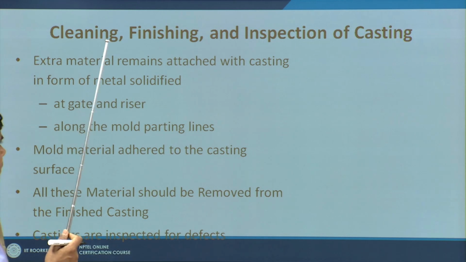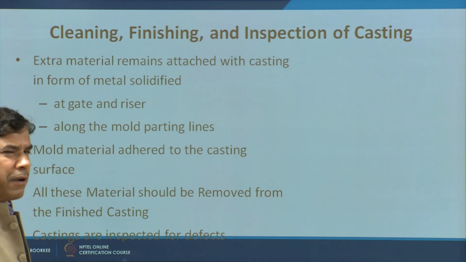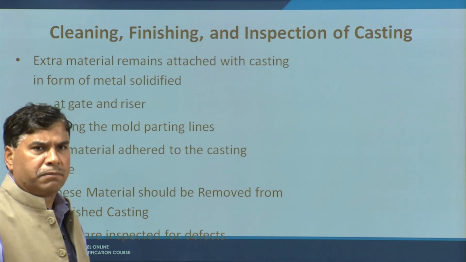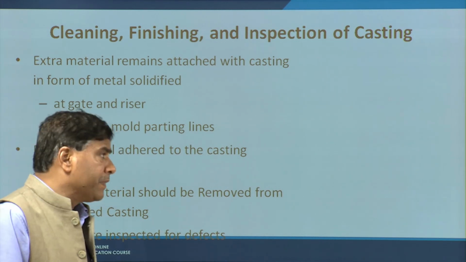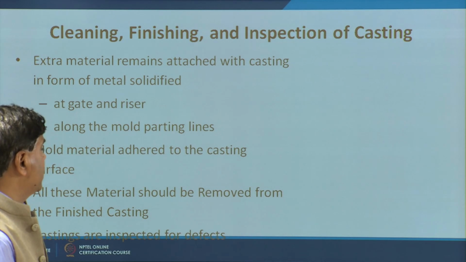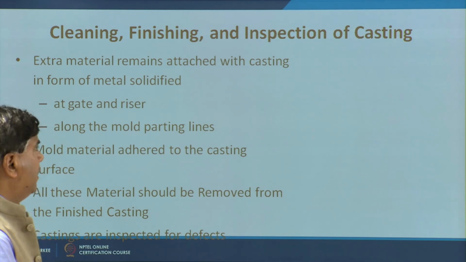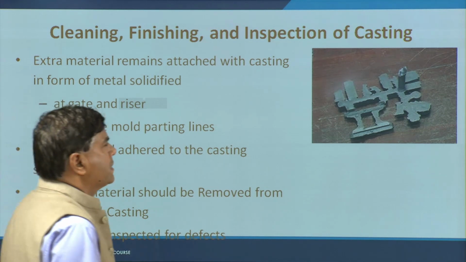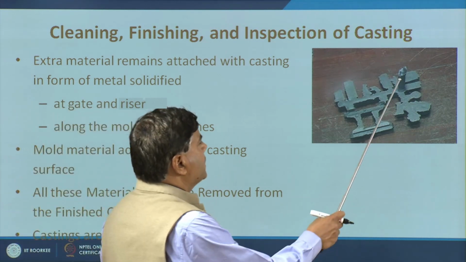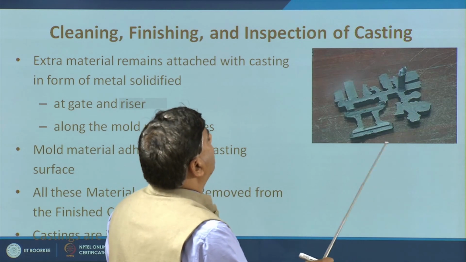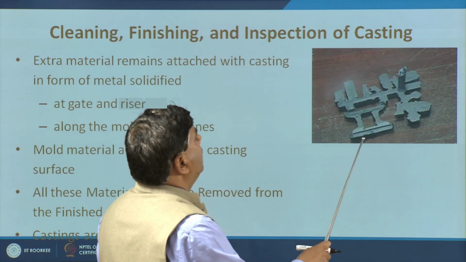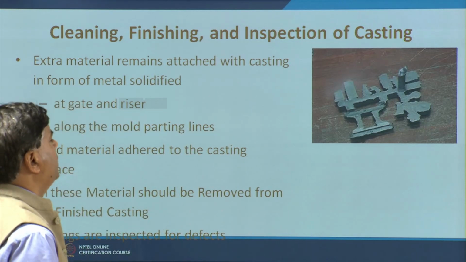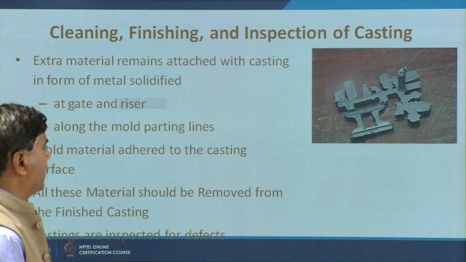Once the casting is cleaned, a number of methods like cutting, tumbling, shot blasting, etc., are used for the cleaning purpose. And once the casting is cleaned and finished, it is used for inspection, to see whether it is sound or not. Like say, this is the sprue, and these are the different undesirable parts which are associated with the main casting, which must be removed and taken care of.